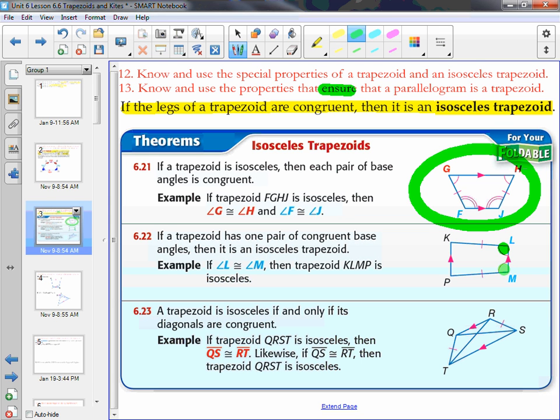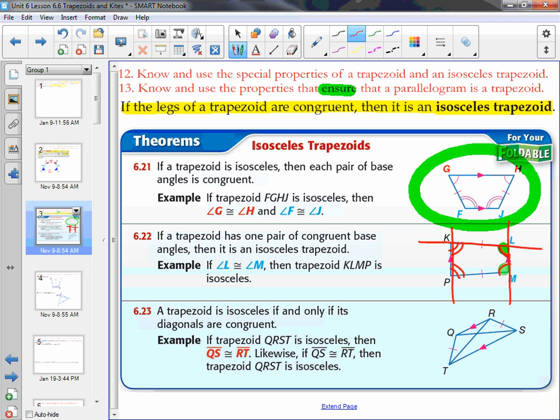If these two are congruent, remember what a trapezoid is. Parallel lines. Transversal. So isn't angle L supplementary to angle K? Yeah. Isn't angle M, which is congruent to angle L, supplementary to angle P? Yeah.